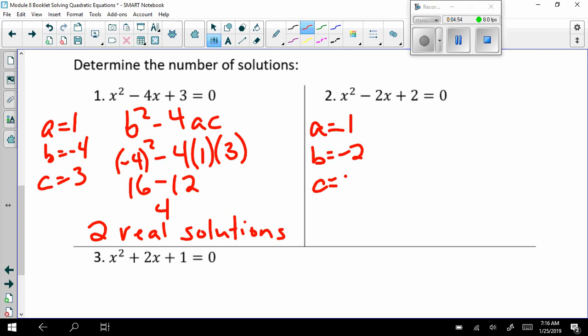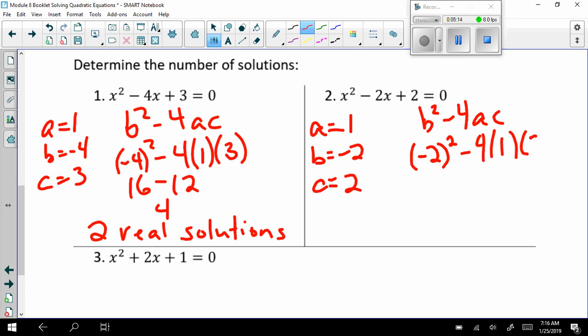So I'm picking my a, b, and c. Again, the a is the coefficient of the x squared, the b is the coefficient of the x, and the c is the constant. And then I'm going to do my b squared minus 4ac. I'm going to replace the b with negative 2 using parentheses. I'm going to replace the a with 1, and the c with 2.